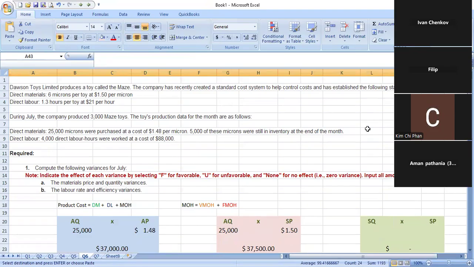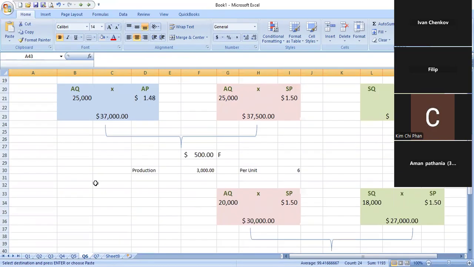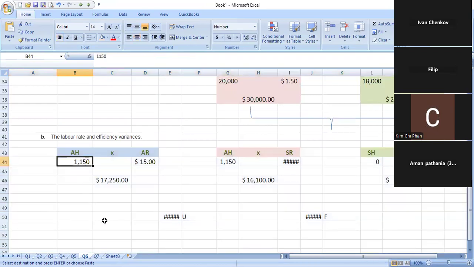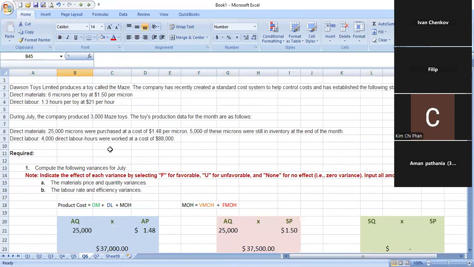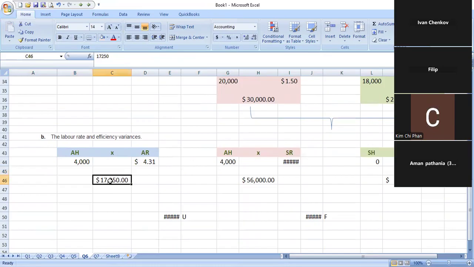First one first. What's the actual hours worked? 4,000. Let's start with the actual hours, 4,000. What's the cost that we spend? 88,000.